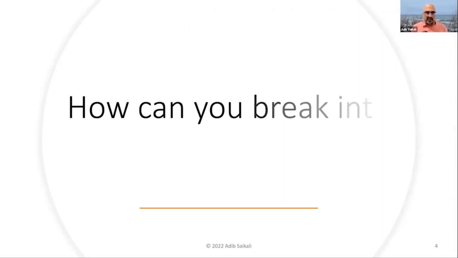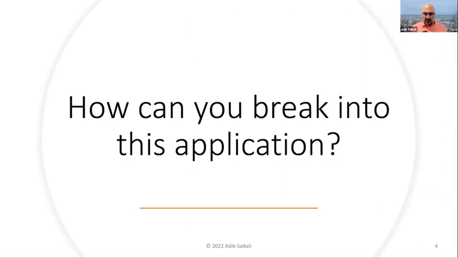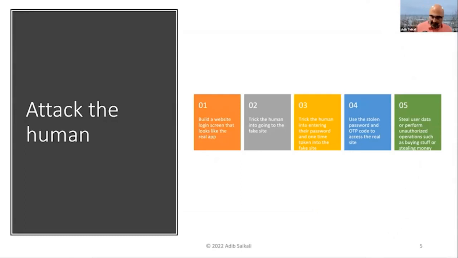And the answer is, if the application is very secure, what you attack is the human that's using the application. The way we do that is typically called phishing. The hackers are going to build a website with a login screen that looks just like the real site that the user wants to log into. Then they trick that person into going to that fake website where the person enters the actual username, password, and the one-time token credential.